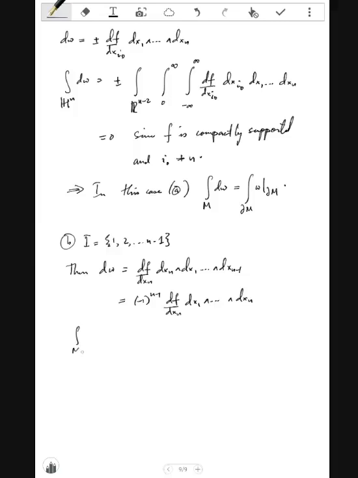So integration over M d omega is equal to minus 1 to the n minus 1 integral over Hn df by dxn dx1 wedge dxn.